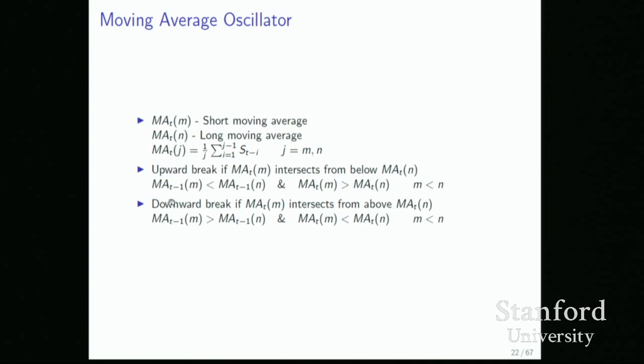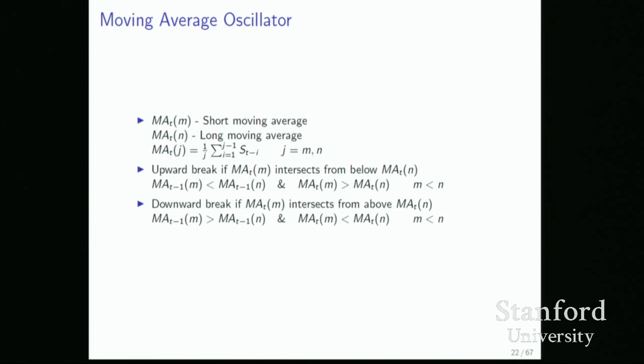Okay. So the second set of strategies is based upon what we call moving average oscillators. Okay, so you compute the short-term moving average. You also compute the long-term moving average. Essentially the short-term moving average gives you the short-term trend. The long-term average gives the long-term trend. That's the idea here.